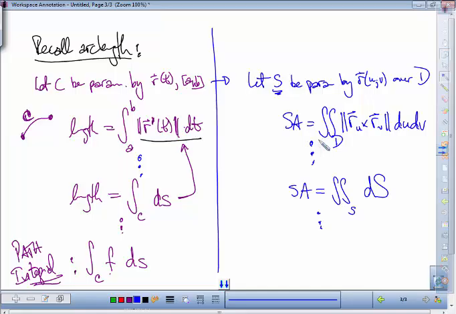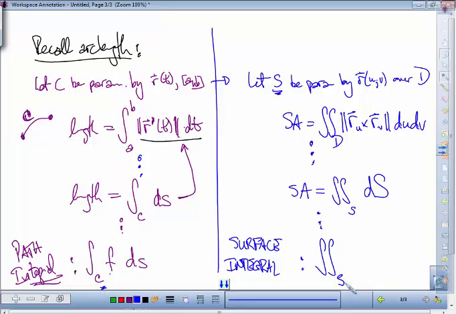This is a formula for the surface area. This is an actual formal integral now called a surface integral. The surface integral is essentially a double integral over a surface, and when we say it's over a surface, that means we have to parameterize that surface, just like we have to parameterize this curve.